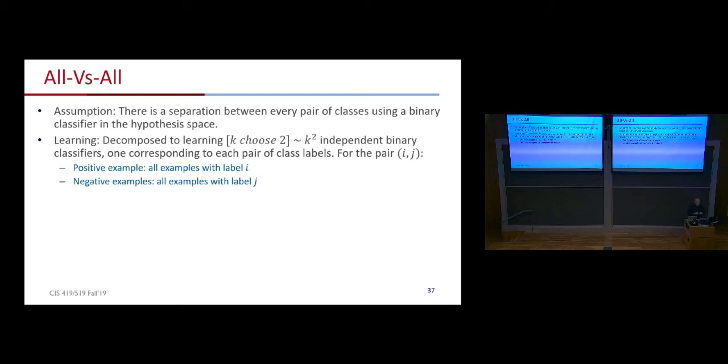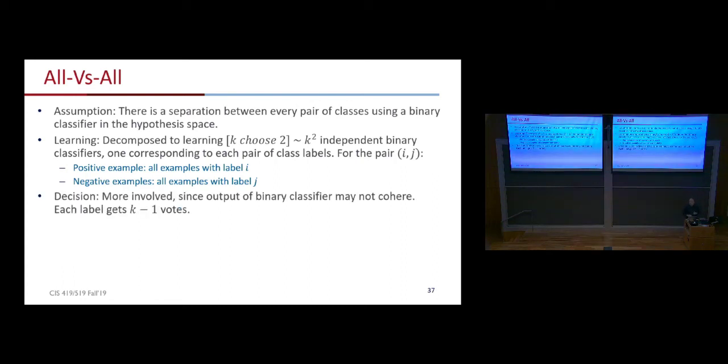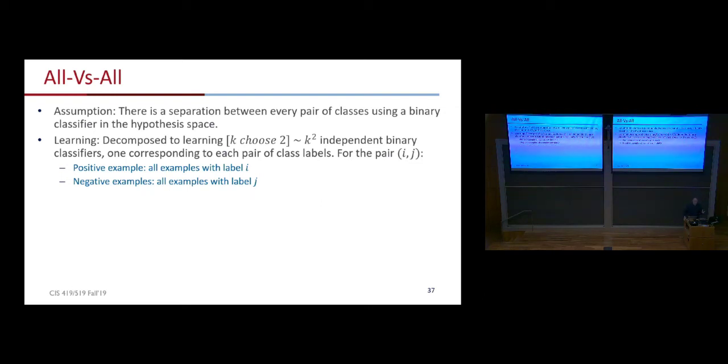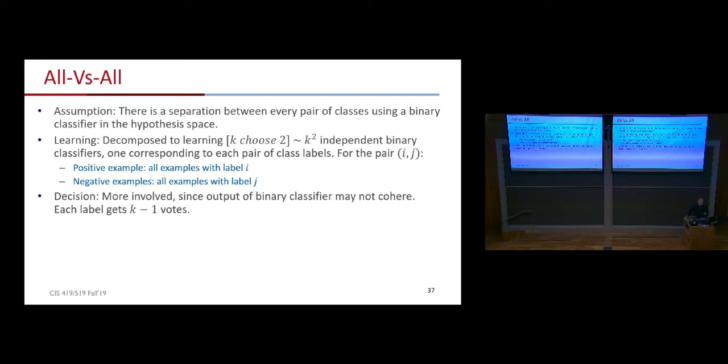In each case, I'm taking the ith examples as positive, the jth examples as negative, and I'm learning for this pair. And then I'm doing it for all i and j's. Now, that's the learning. The decision here is going to be a lot more involved because now I have K squared classifiers. You give me an example, what do I do?